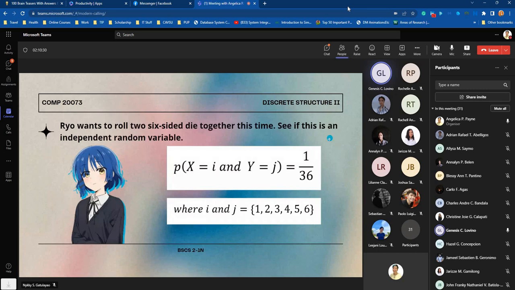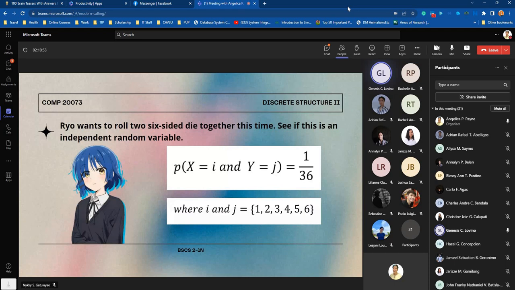If we roll two six-sided die together, each of them happening would have 1/36. So for instance, if I roll 2 and 4, that's roughly 1/36. Kung nag-roll naman ako ng die na 1 and 6, that's also 1/36.